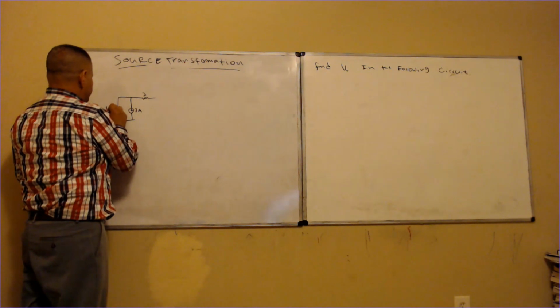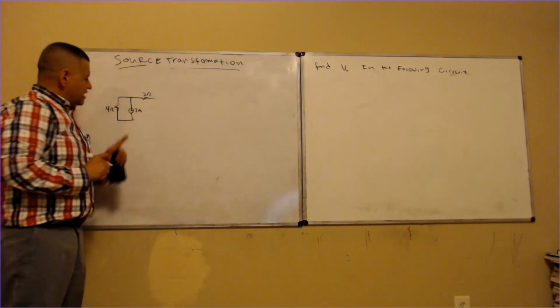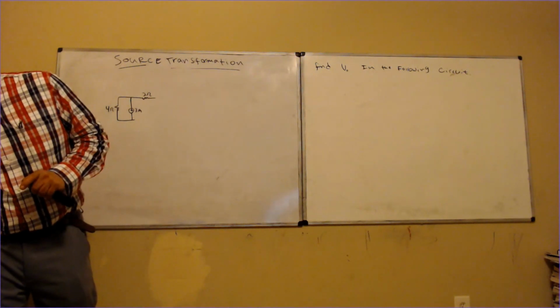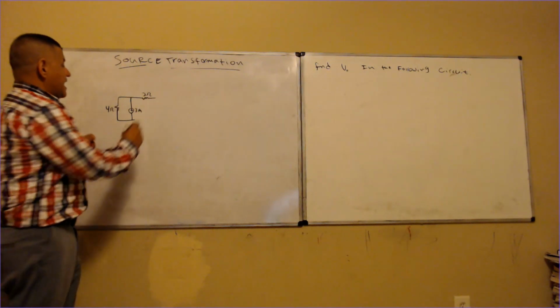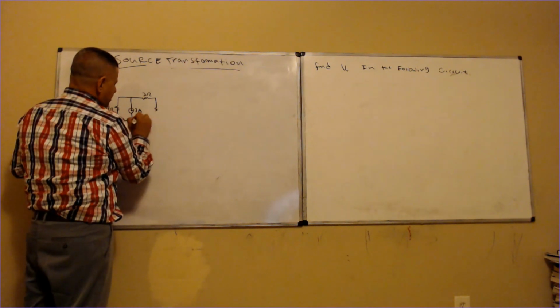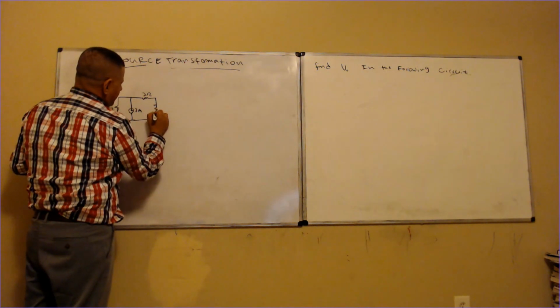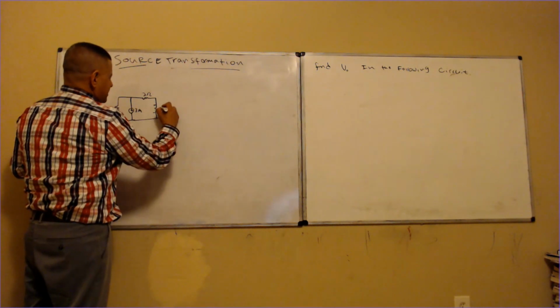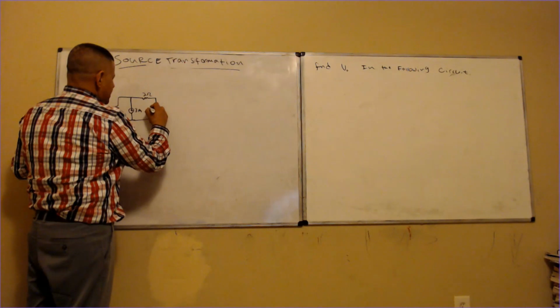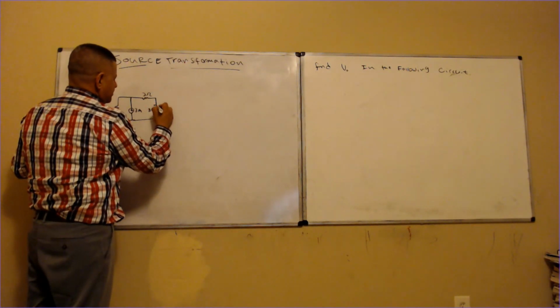And this is 4 ohms. And then I got a resistor here, and this resistor has a plus and a minus like that, and this is 8 ohms. And this is Vo.